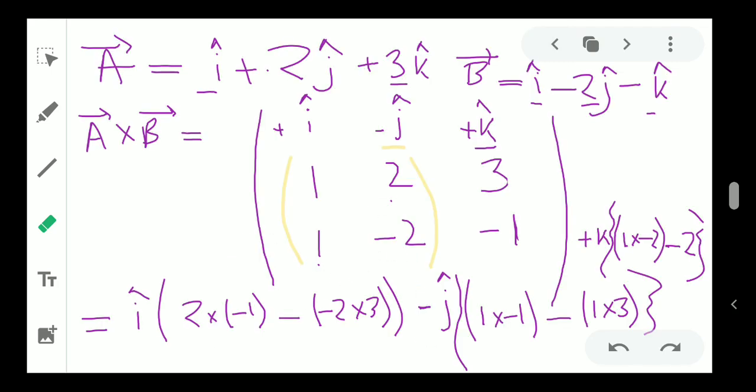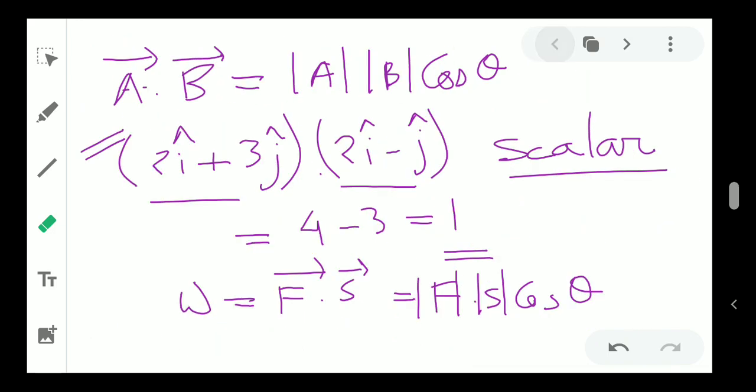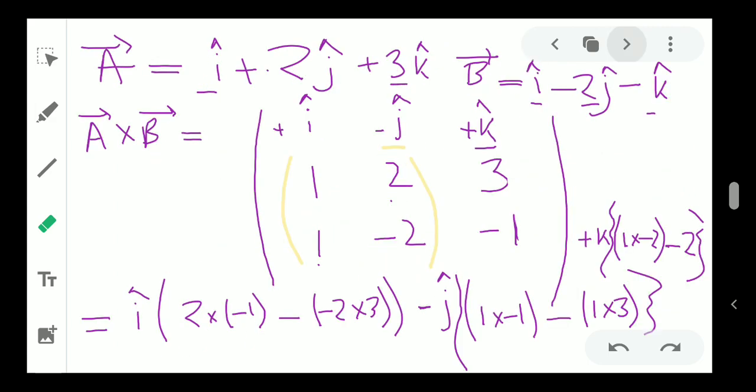If you are given the component form for the dot product, you can do it easily, but for the component form, the cross product is a little bit tricky.